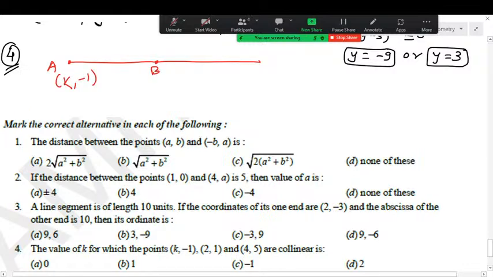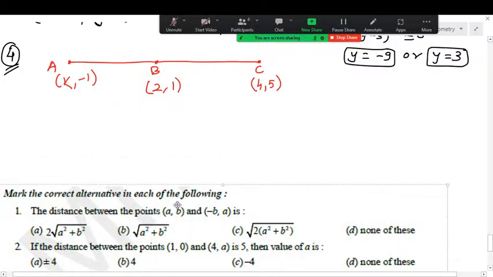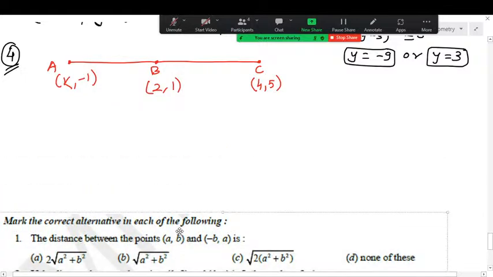There is a point B named 2 comma 1. There is a point C that is actually 4 comma 5. And if you are given that they are collinear, then AB plus BC is equal to AC can be used, or it is so simple.